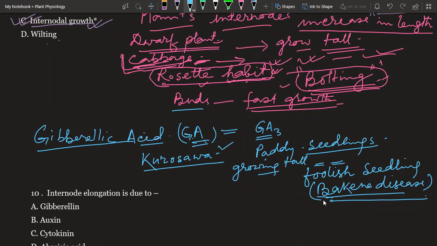This was due to a causal organism. One fungus was given the name Gibberella fujikuroi.